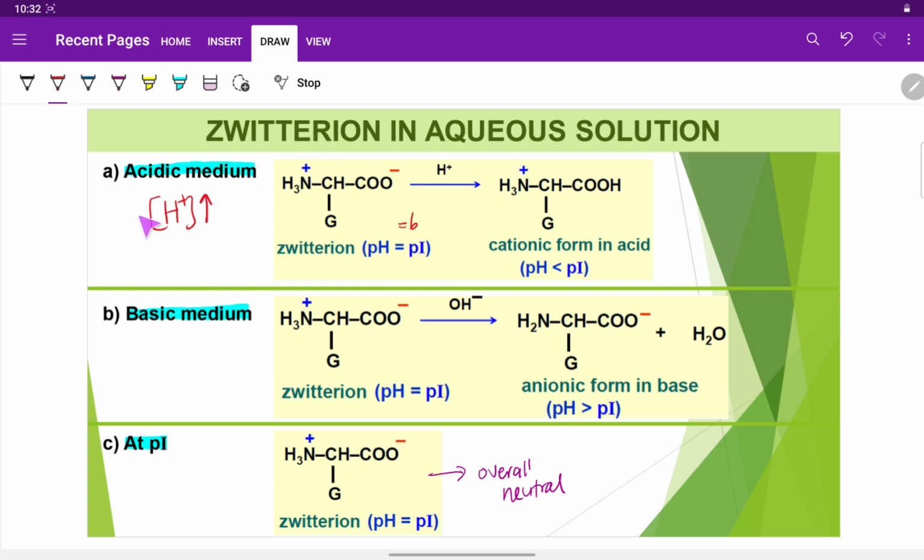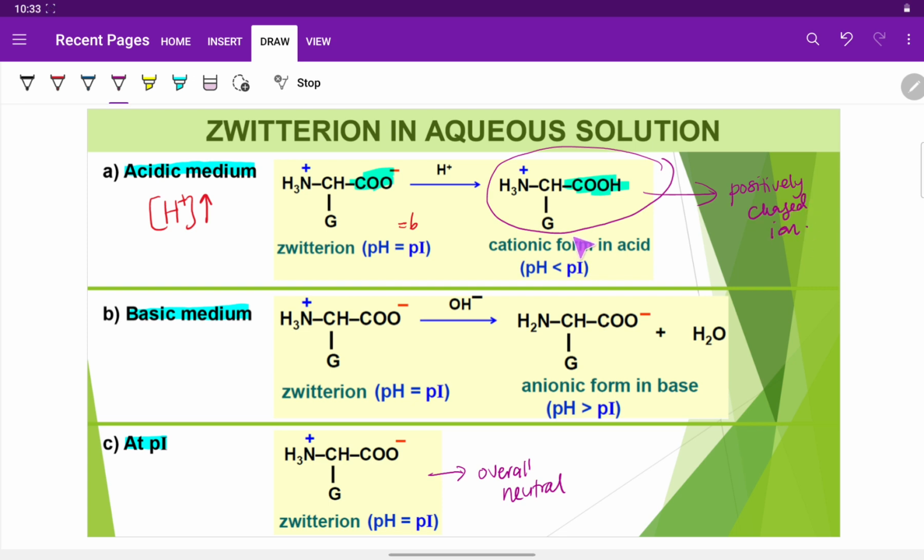Since H plus adalah sangat tinggi, this H plus will be attracted to the carboxylate ion dekat sini. Sebab tu COO minus akan bertukar jadi COOH dalam acidic medium. NH3 plus dekat sini tak akan berubah. Jadi maksudnya overall bila dalam acidic medium kita akan ada positively charged ion.